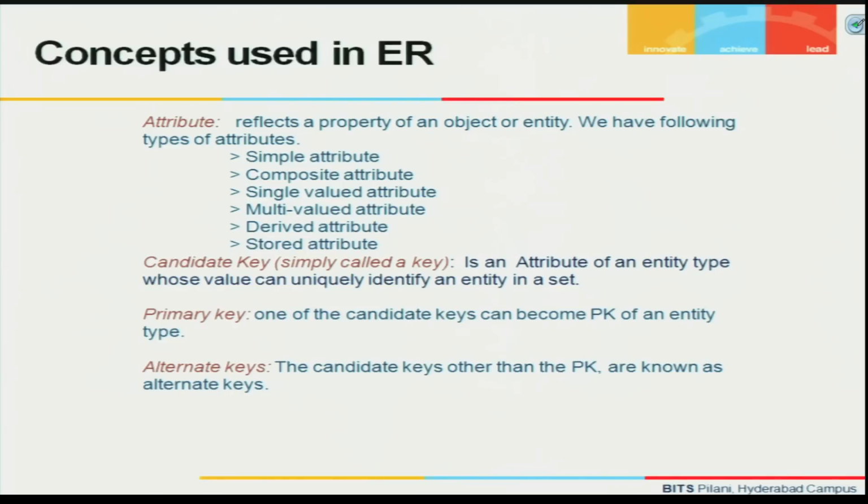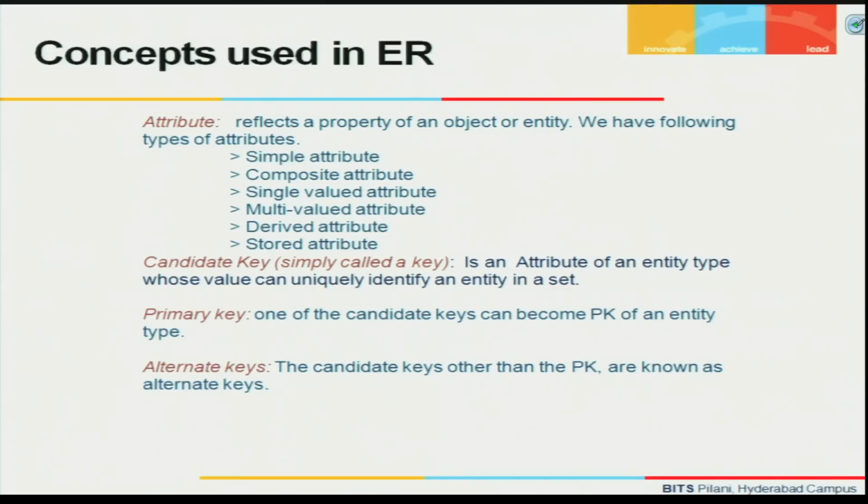For example, if we consider the employee entity type, let us assume that we have employee ID, which is provided by the organization or the company where he is working, which provides unique identification to the employee, and at the same time there is one more attribute called social security number or simply SSN, which is also unique, which is provided by the government of that particular nation, whatever it is.